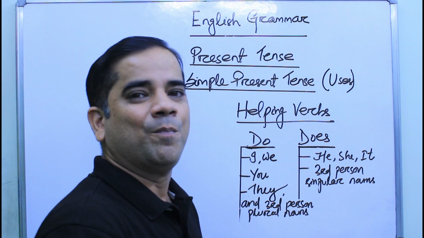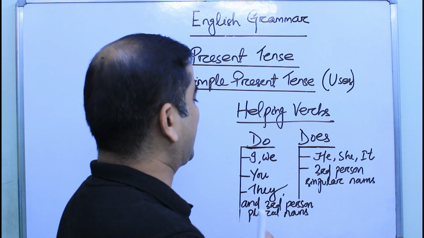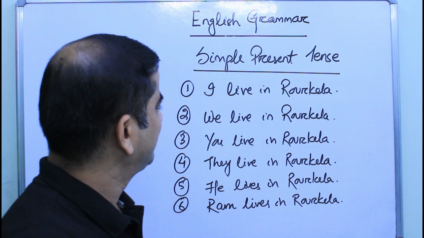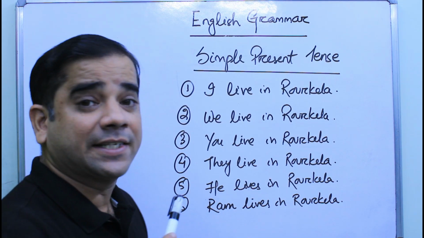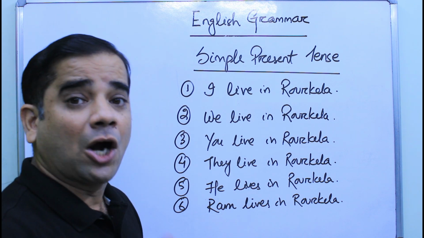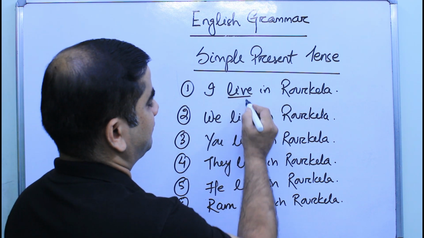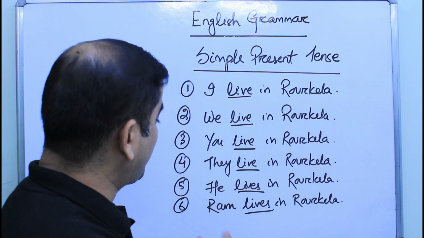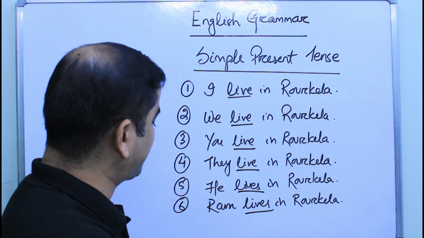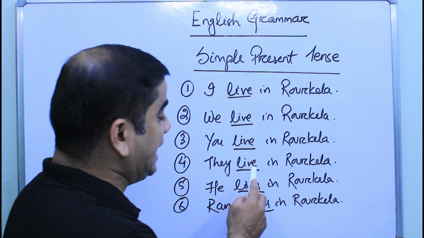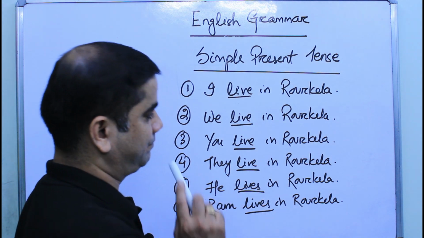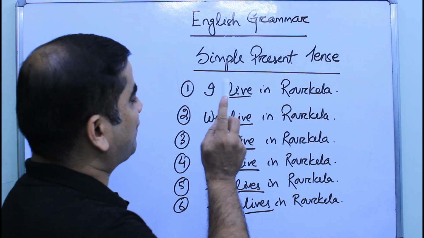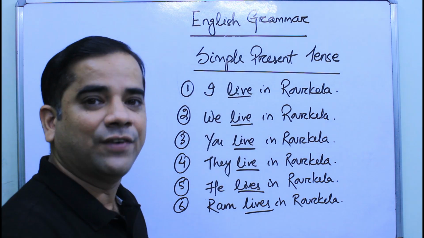So let us now discuss some examples so that it can be understood in a better way. Okay? Students, here you can see 6 sentences having a common verb that is leave. But you can clearly see that in sentence number 5 and 6, leave changes to leaves. Why is it so? Because, see, in the first sentence the subject is I, which is first person singular.